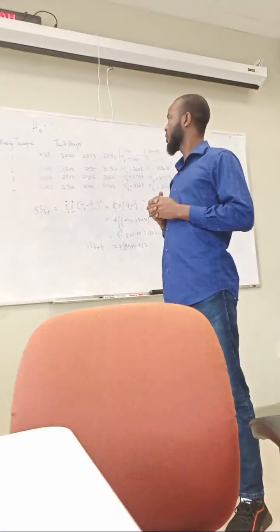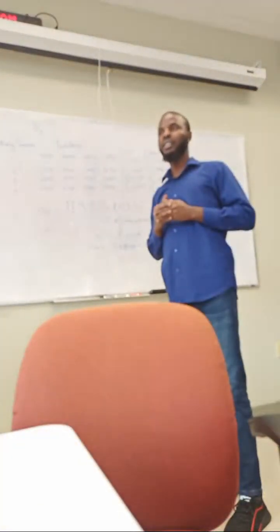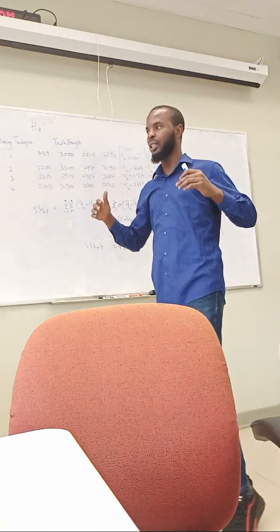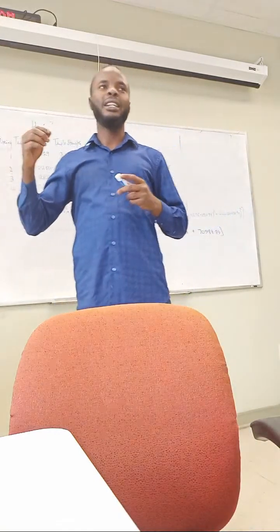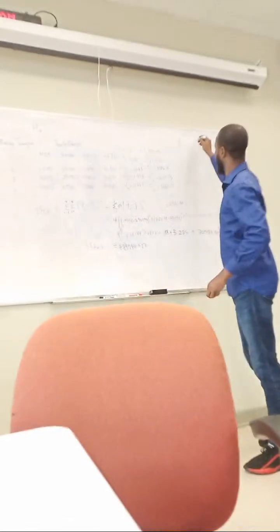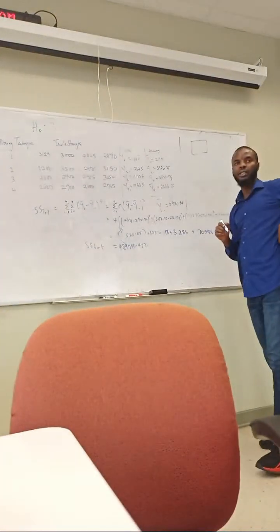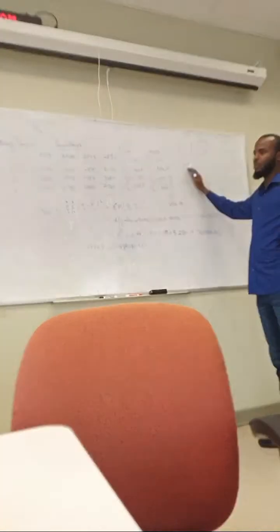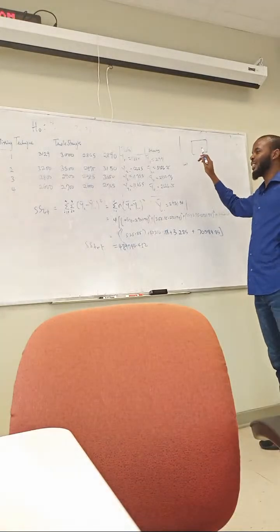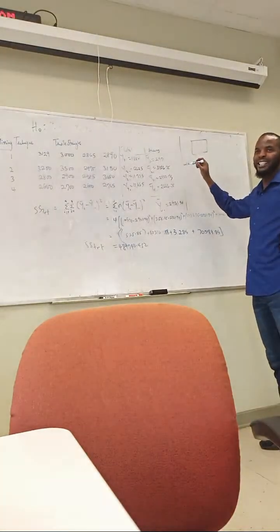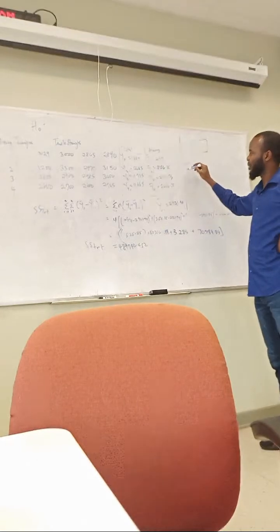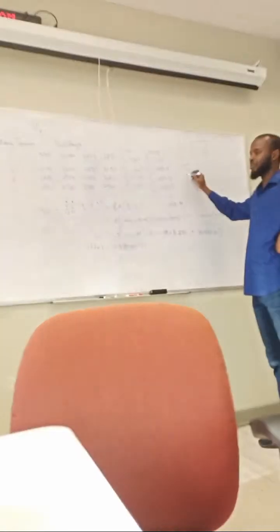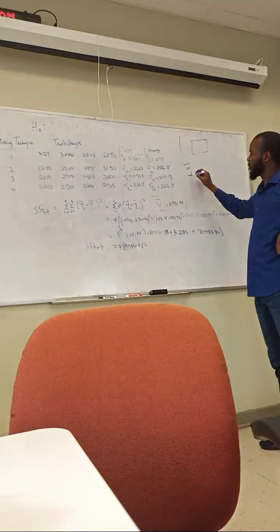She always assumed it is row wise, but no. The treatment is, take for instance, you have a plot of land, like the example I gave you yesterday, and you want to plant maize, corn, okra, tomato.